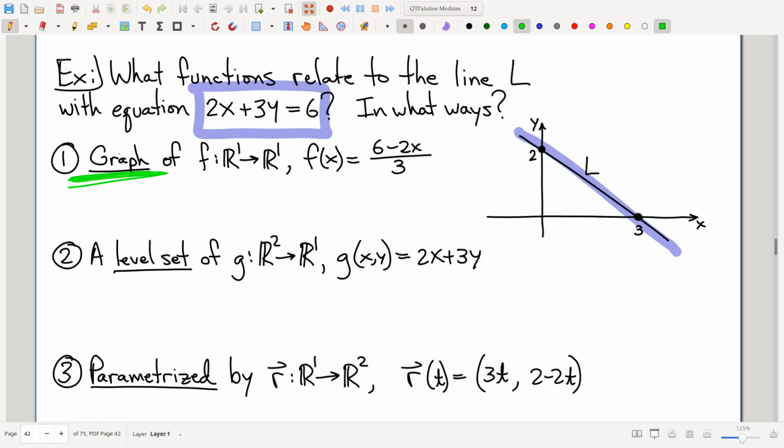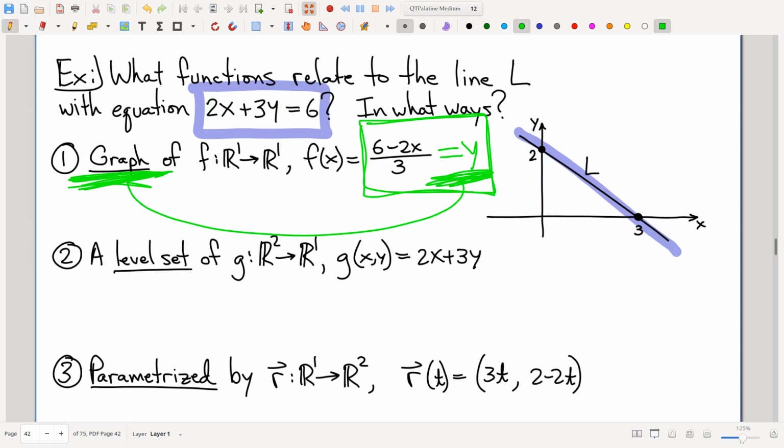If you just literally solve for y, what you would get is, let's see here, color choices, this y, when you solve for it, would give you that. And notice that this function, set it equal to y, that's what it means to take a graph. And again, with equivalent algebra, this line is the graph of this function. Everybody happy?